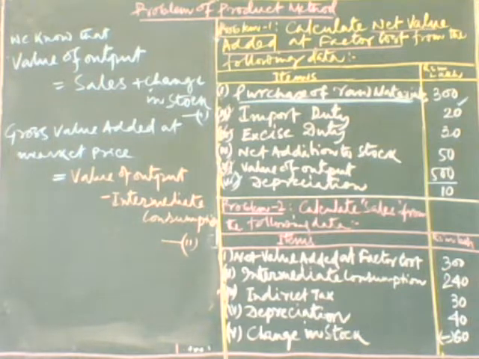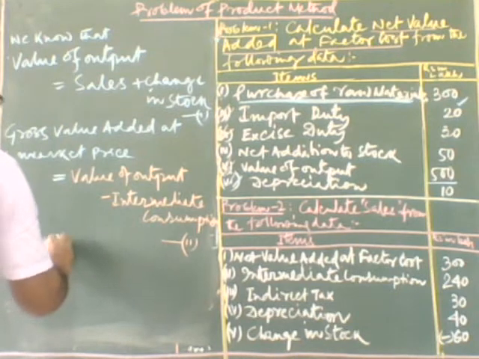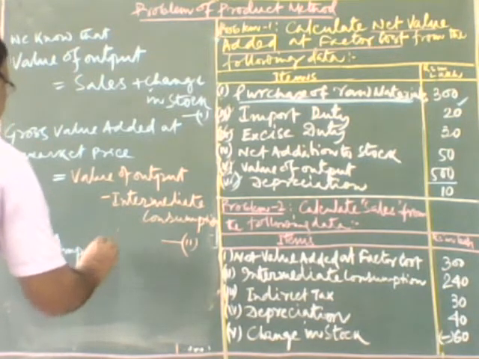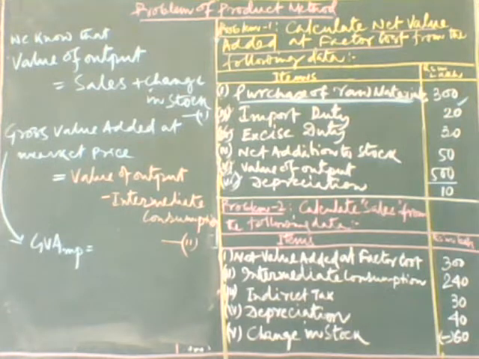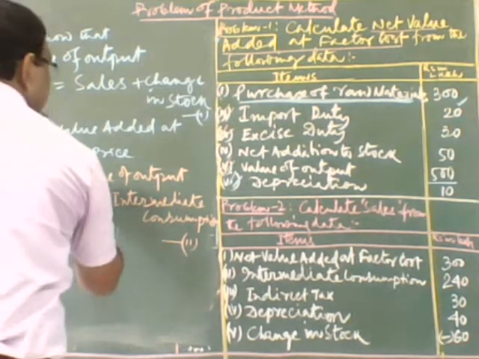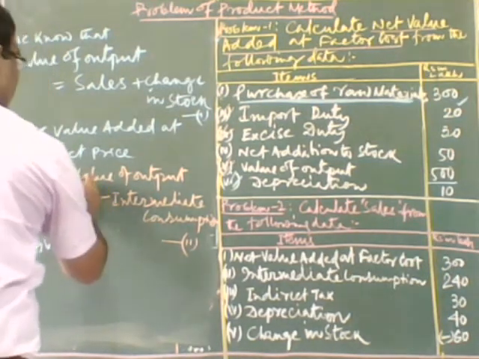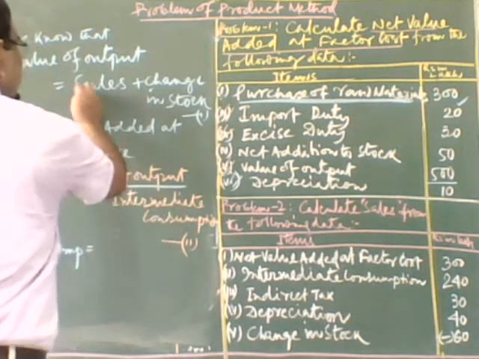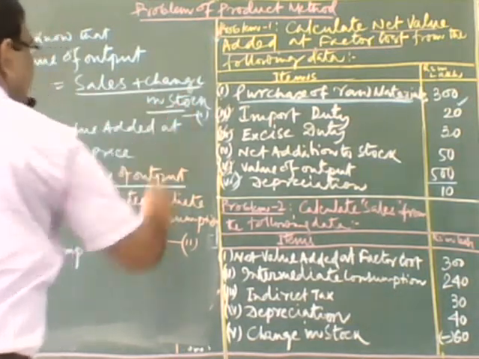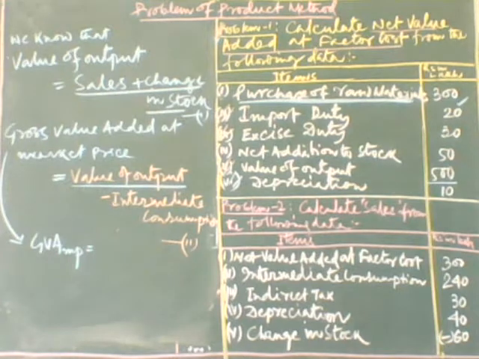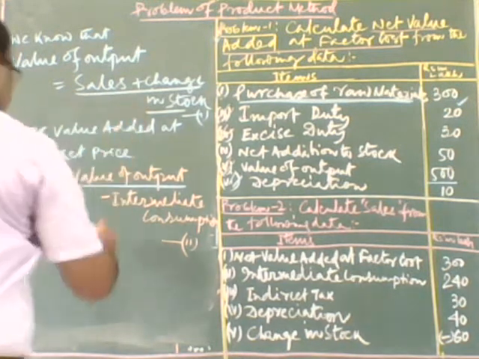Therefore, GVA at market price is equal to what? Already from equation number 1, we know that value of output is equal to sales plus change in stock. Here, in place of value of output, you can put sales plus change in stock.